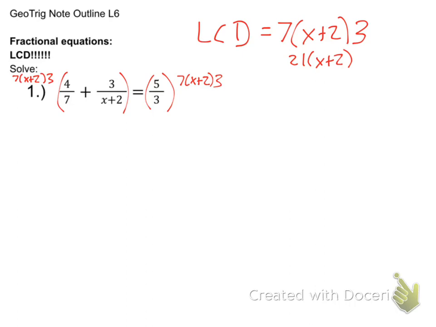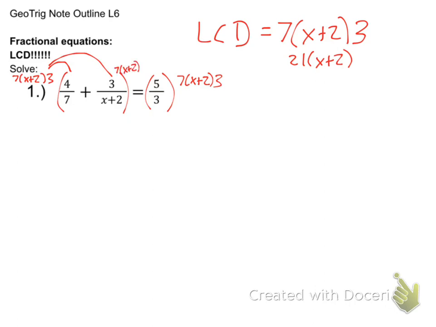Because that 7, x plus 2, and 3 is on the outside, I would have to eventually multiply it in. And if I multiply it in, who all gets the 7, x plus 2, and 3? Everybody gets it, doesn't it? Do you see that the 4 gets it and the 3 gets it? So I'm just going to rewrite it.